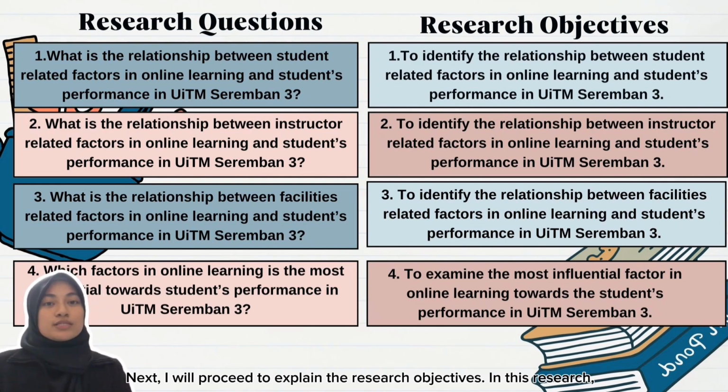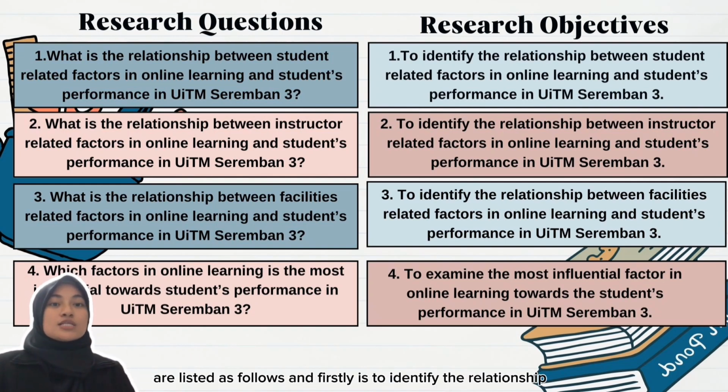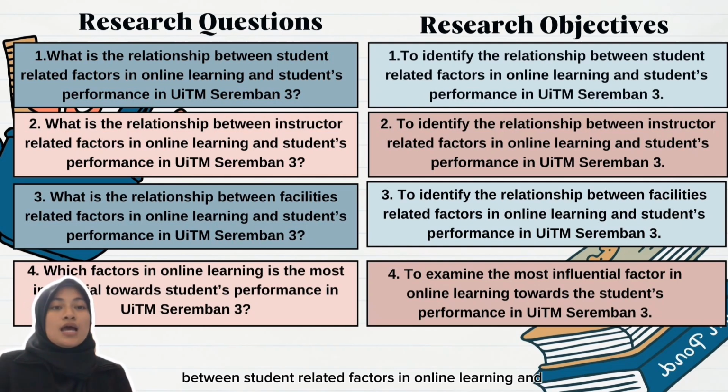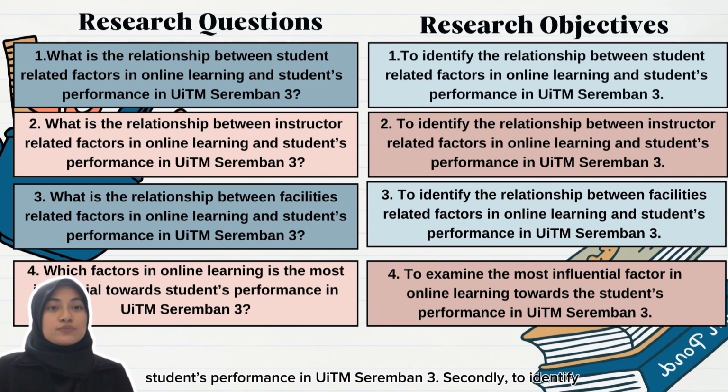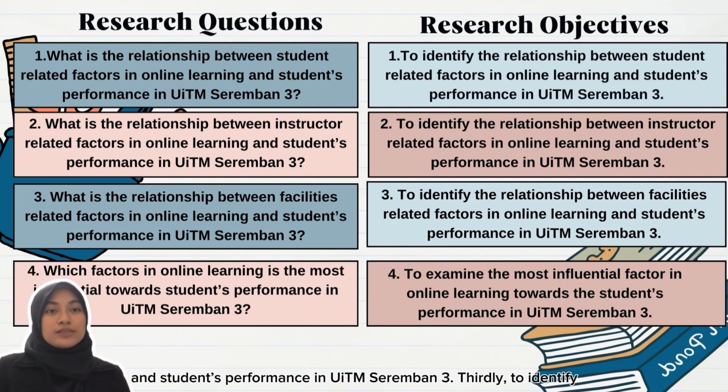Next, I will proceed to explain the research objectives. In this research, we have 4 objectives. The objectives of the research study are listed as follows. Firstly, to identify the relationship between students-related factors in online learning and students' performance in UITM Seremban 3. Secondly, to identify the relationship between instructor-related factors in online learning and students' performance in UITM Seremban 3.